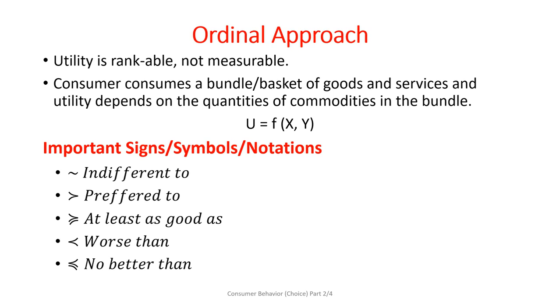Third represents at least as good as, that means when the first bundle either gives us higher satisfaction or it provides equal satisfaction to the second bundle. Similarly, the last two signs can be understood.